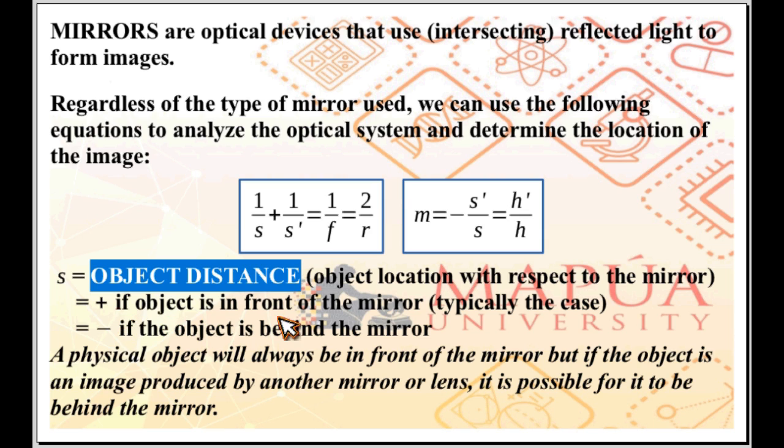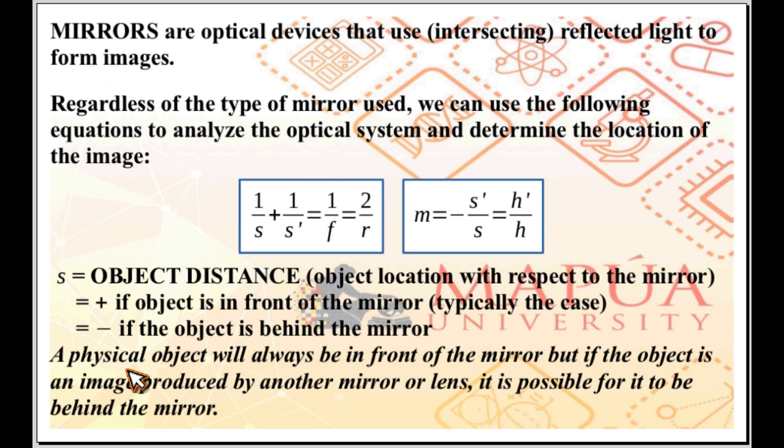Note that even though S is typically positive, S may be negative if the object is behind the mirror. It's possible to have the object behind the mirror for optical systems that have more than one optical device. For example, a system comprised of 2 mirrors or 3 mirrors and so on, or you might even have a combination of mirrors and lenses.